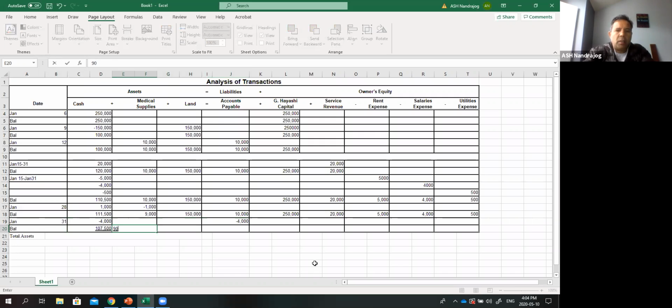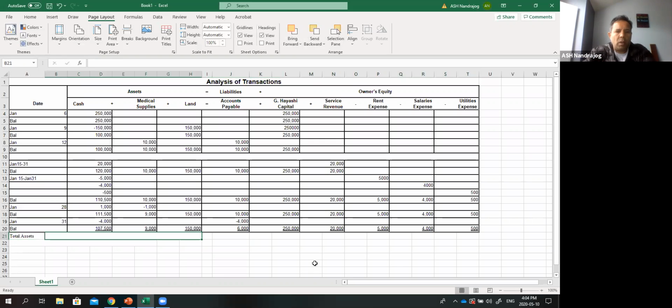We now have $9,000 in supplies. We have land of 150,000. We have our liability, the money we owe to our suppliers, only 6,000 now instead of 10,000 before. The capital is 250,000. We have 20,000 in service revenue, which we earned for the month. And rent expense was 5,000, and salaries expense was 4,000, and utilities expense is 500.